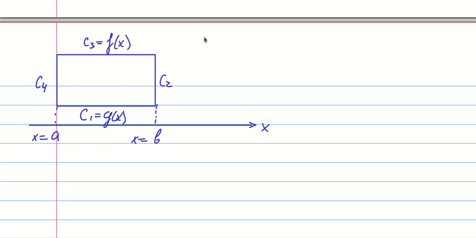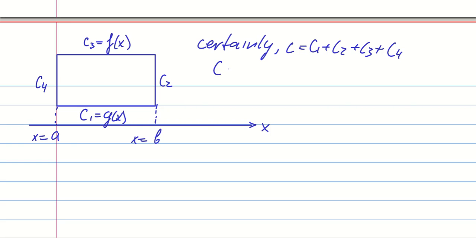So we can think of C as the sum of C1 plus C2 plus C3 plus C4, and also C2 and C4 are parallel to the y-axis.